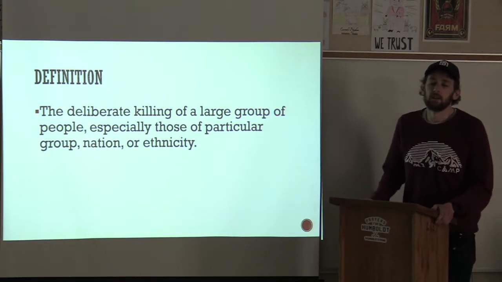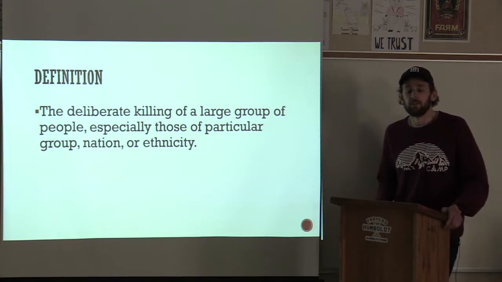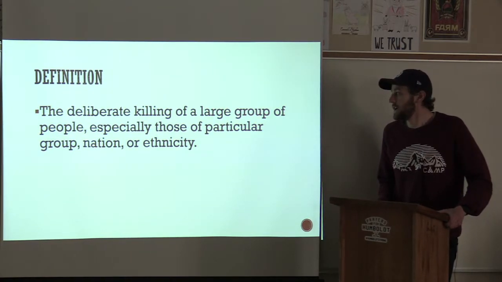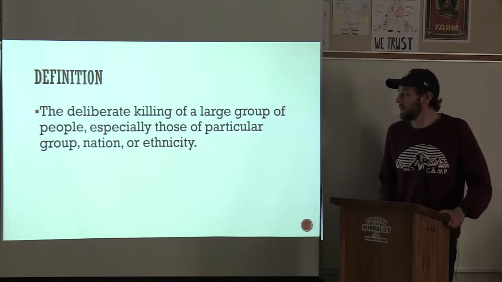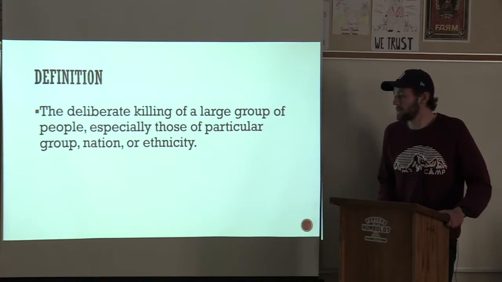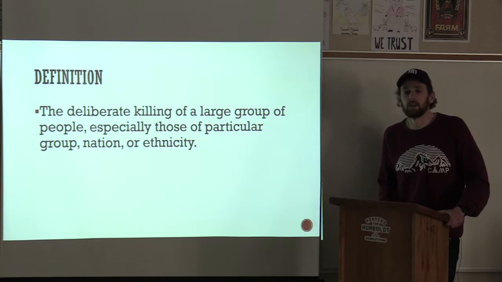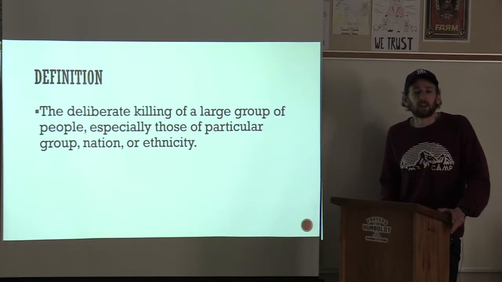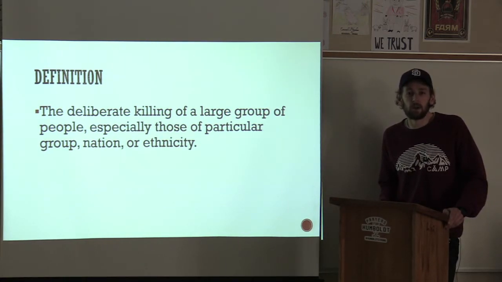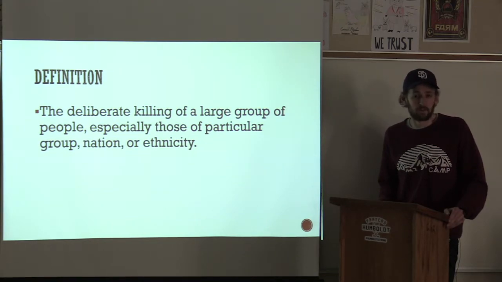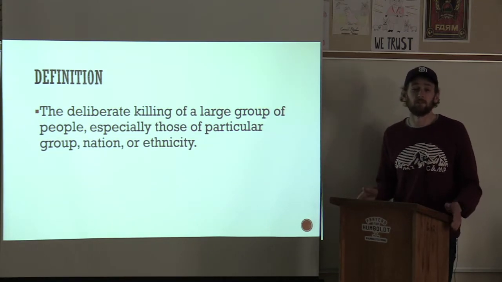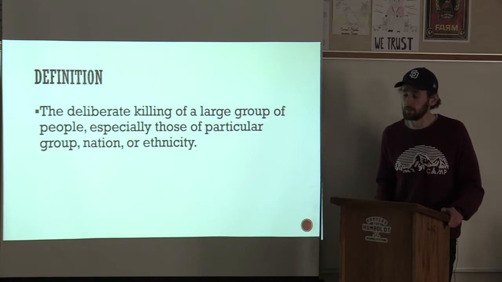So first thing we need to look at is what is the definition of a genocide. A genocide, by definition, is the deliberate killing of a large group of people, especially those of a particular group, nation, or ethnicity. The word genocide actually comes from two Greek words, one for genos meaning family and one for side meaning murder. So it literally means to murder an entire family and an entire group of people.